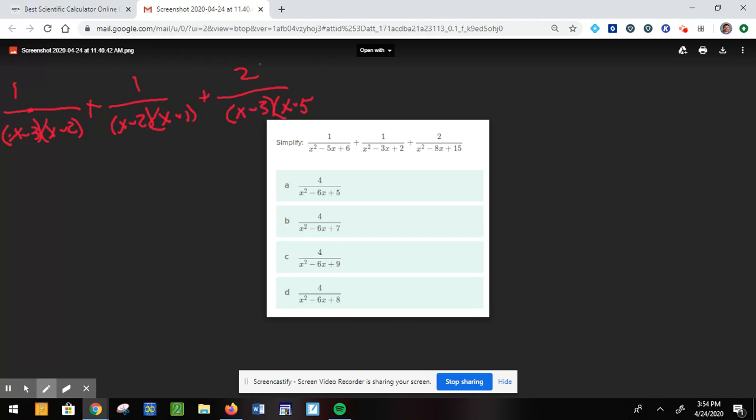Essentially what you need to do, again, is figure out what's that common denominator. So between those three denominators, what is that common denominator? Well, two of them have an x minus 3, so x minus 3 is going to be in the common denominator. Two of them have an x minus 2.